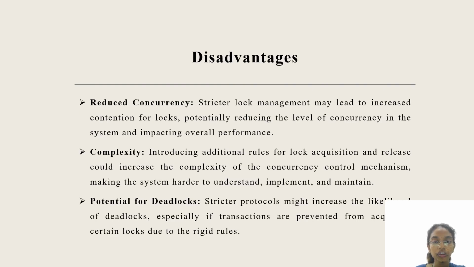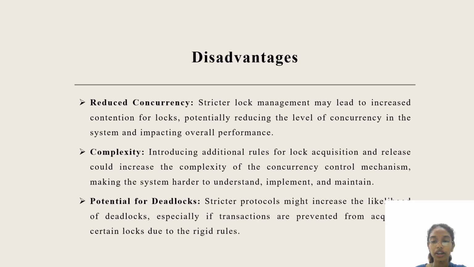There are some disadvantages of Rigorous 2PL. Reduced concurrency. Stricter lock management may lead to increased contention of locks, potentially reducing the level of concurrency in the system and impacting overall performance. Complexity. Introducing additional rules for lock acquisition and release could increase the complexity of the concurrency control mechanism, making the system harder to understand, implement, and maintain. Potential for deadlocks.